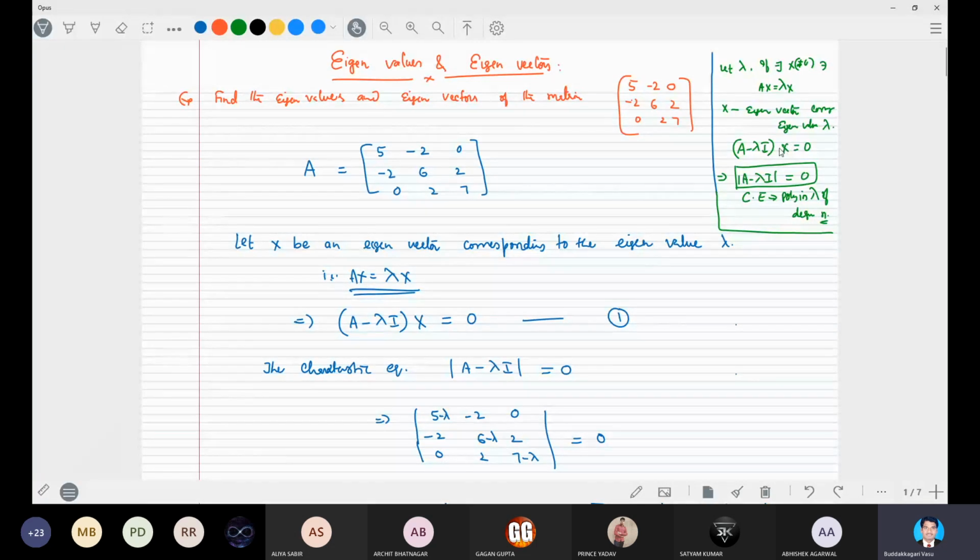when can this non-zero solution be obtained? Suppose you take the homogeneous system Bx equal to 0. What is the behavior of this homogeneous system when it has a non-trivial solution?